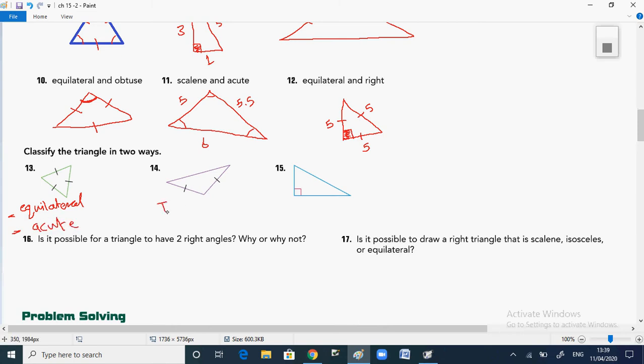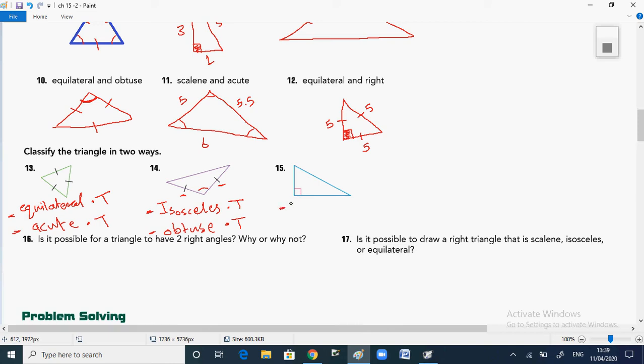Here I can say isosceles because I have two sides are equal. Okay? And one obtuse. So obtuse triangle, equilateral triangle, acute triangle.